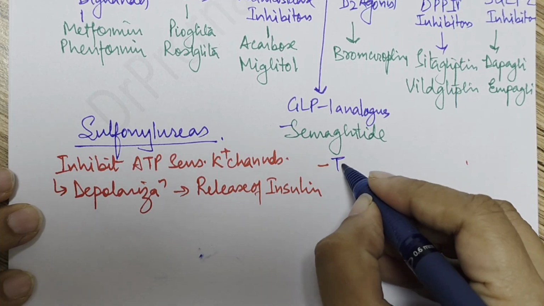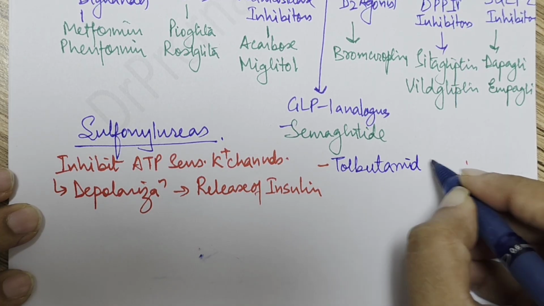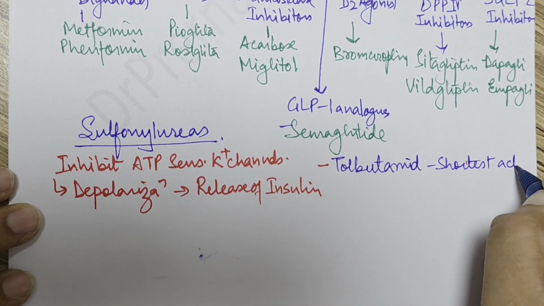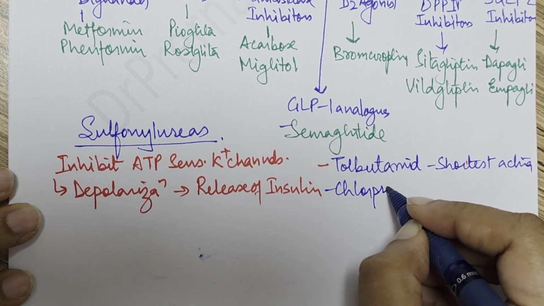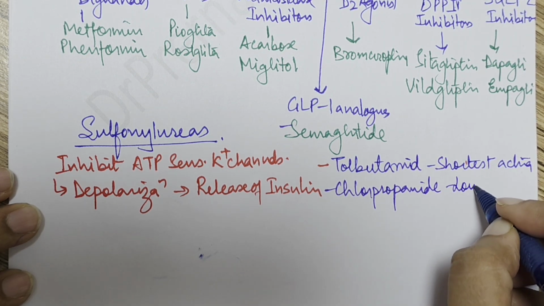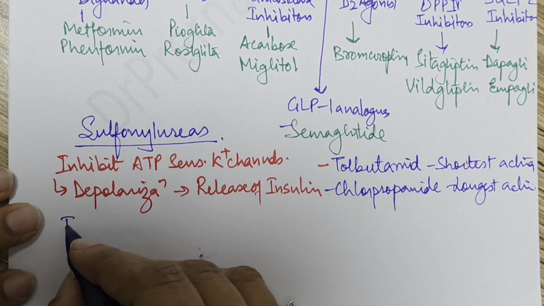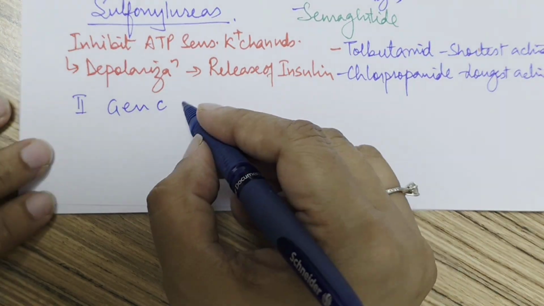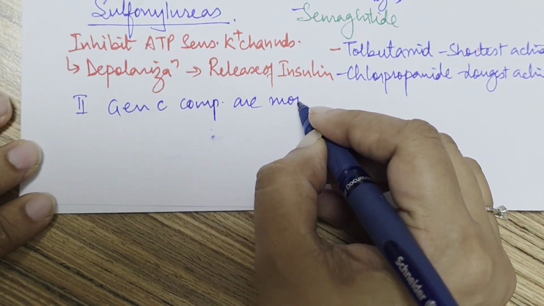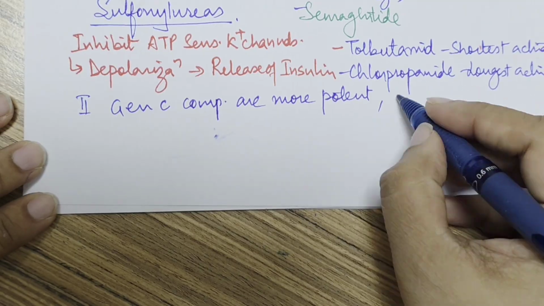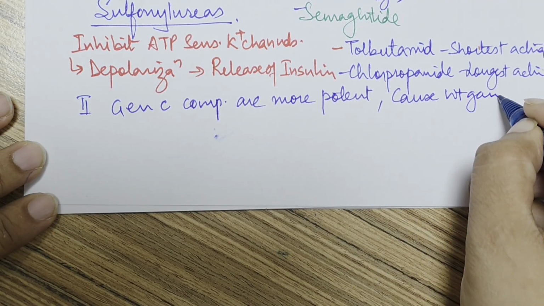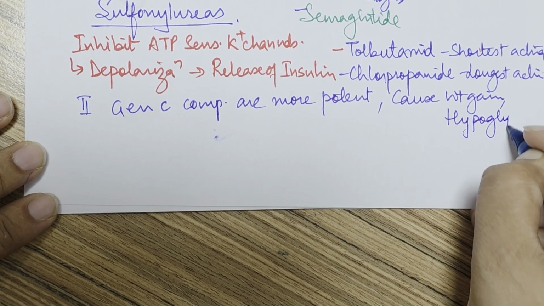Now in sulfonylureas we have drugs like tolbutamide, which is shortest acting, and chlorpropamide, which is longest acting, right? The second generation compounds are more potent, they also cause weight gain, and these drugs also have a tendency to cause hypoglycemia.